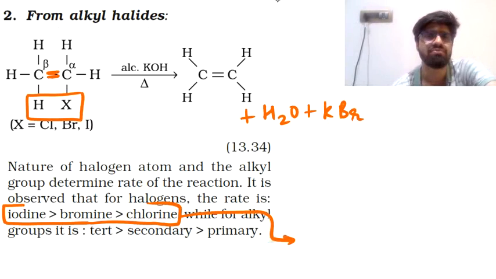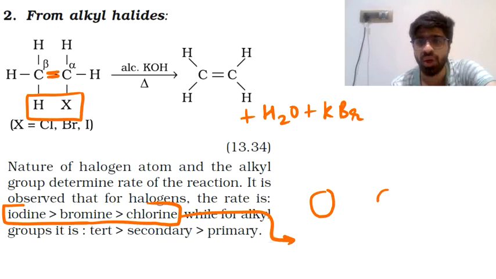The way I used to perceive it when I was a student was this, that see, the bond is going to be stronger if the atomic sizes are comparable. If the size difference between the two atoms is very large, then the bond is going to be weaker. Carbon is in the second period of the periodic table, so the size of fluorine will be almost similar to that of carbon atom.